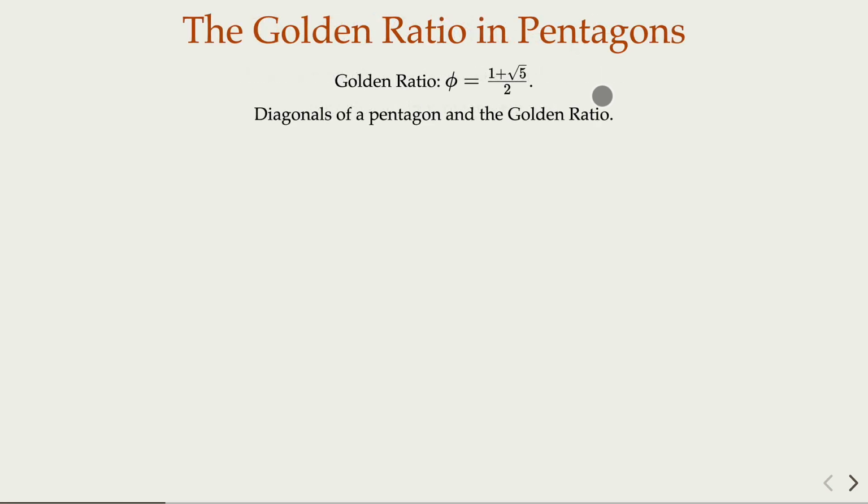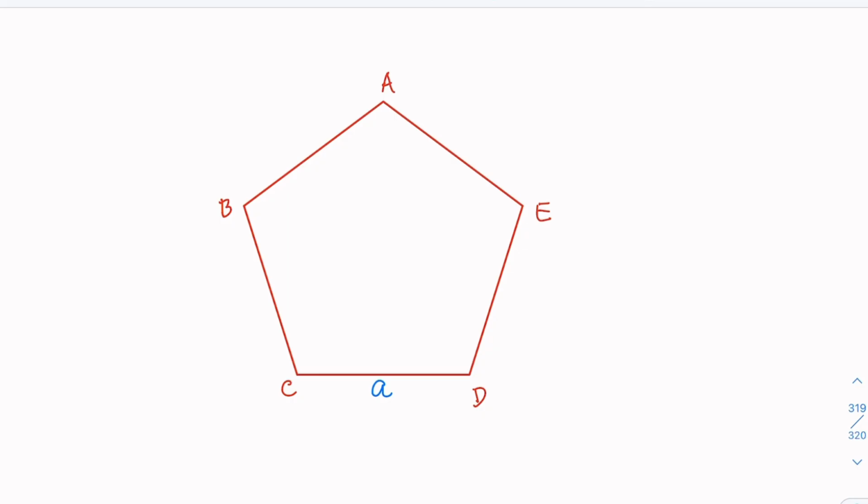And of course, the golden ratio in pentagon, that is the diagonal and side ratio, that is 1 plus square root of 5 over 2, or approximately 1.618. That's golden ratio. You can find that in pentagon. Or in a regular pentagon, if you connect the diagonal here, important property that this is parallel to the sides here.